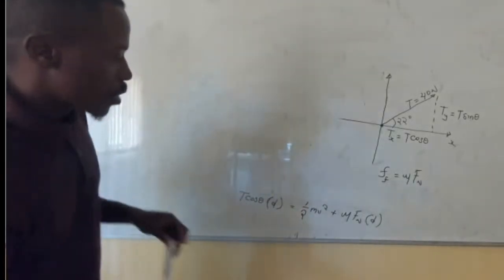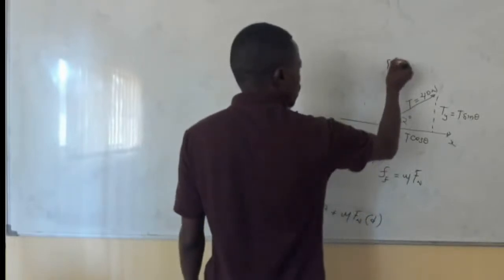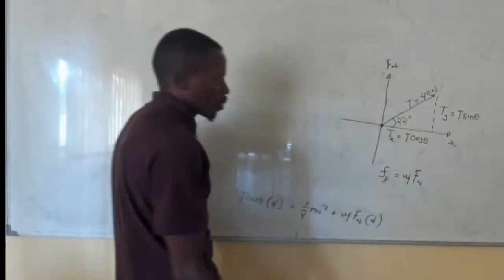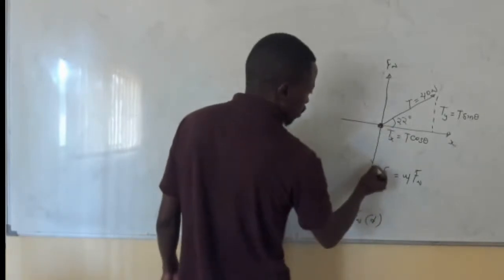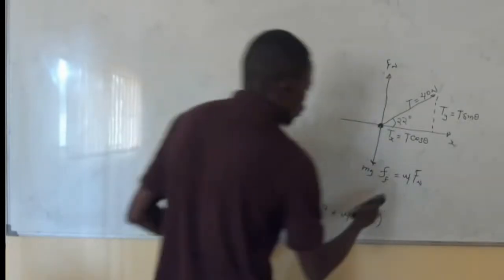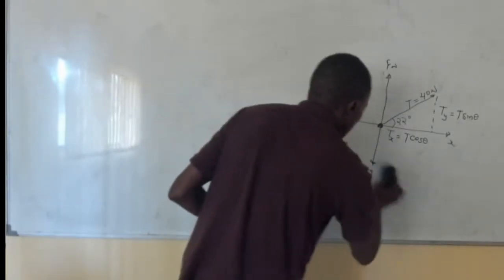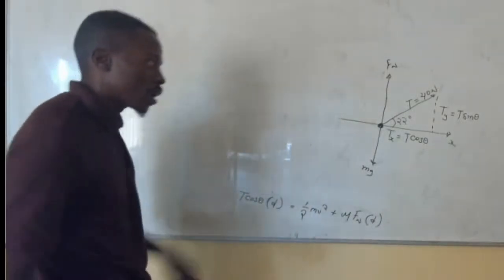So, but what is Fn? We know that Fn is the normal force which is pointing upwards, and downwards is given by just mg, which is the weight of the system. Okay, and remember that the system comprises the gear and the wagon.